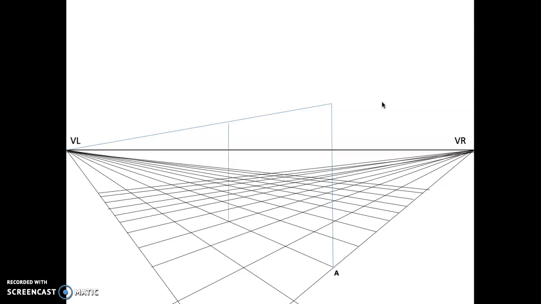So I'm going to draw a second vertical line. Please remember to keep the vertical lines exactly parallel and draw them with a straight angle on the horizon, please. So here we have our first wall. And secondly, we're going to determine the middle, the center of the surface by drawing two diagonals right here.